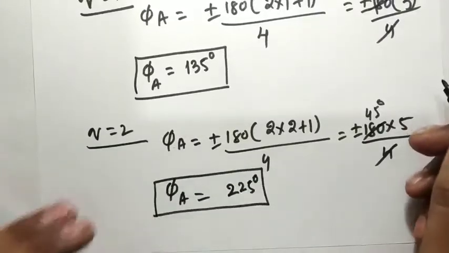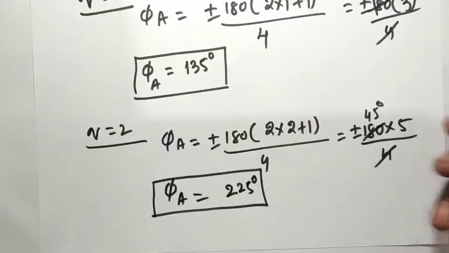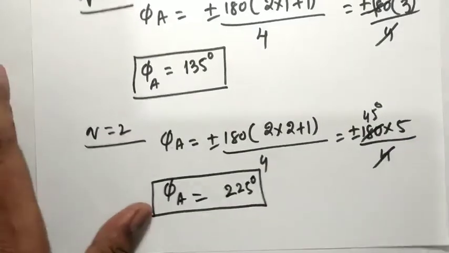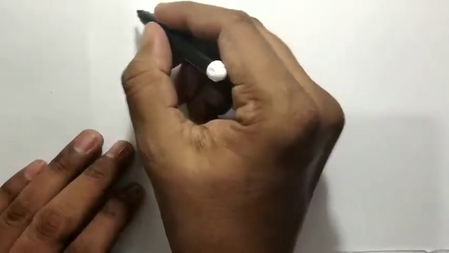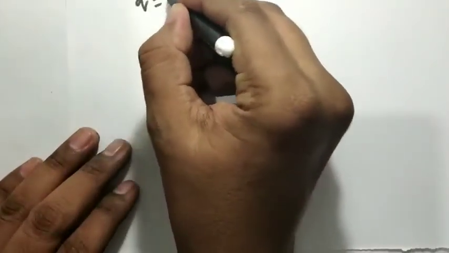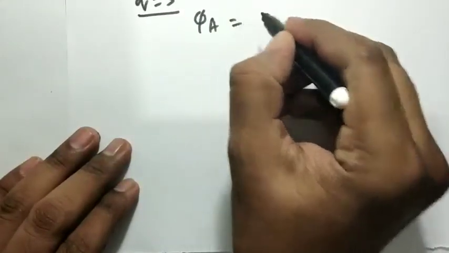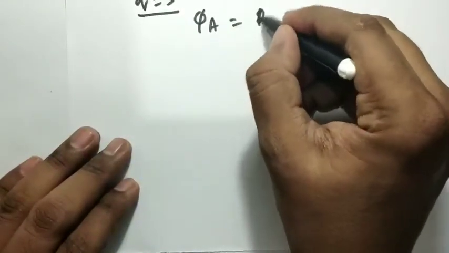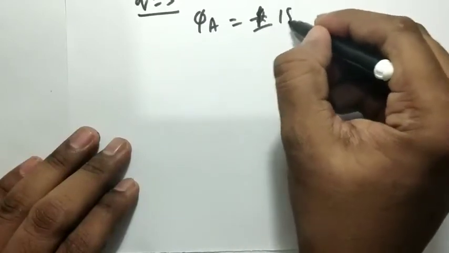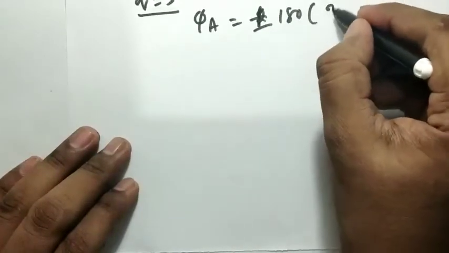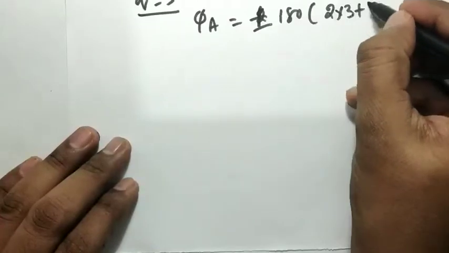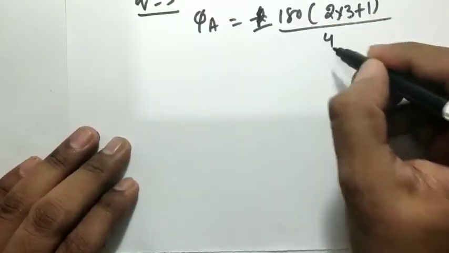Then q is equal to 3. You find the asymptote for q is equal to 3. So φa is equal to plus or minus 180 into 2 into 3 plus 1, by 4.